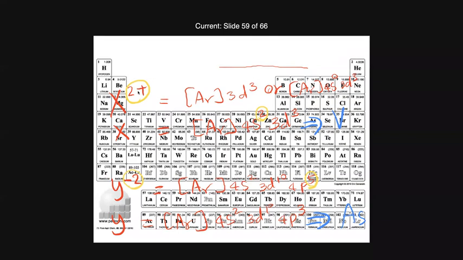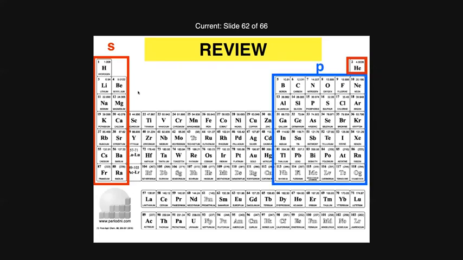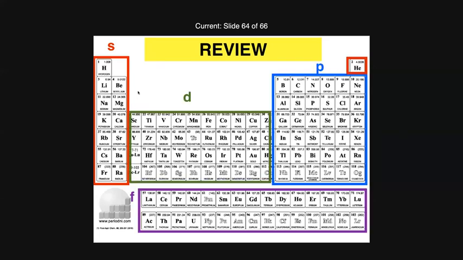Okay, so let's take a look at the review here. This lecture section is about how to relate the quantum numbers to the periodic table. You will need to know the s block, p block, d block, and also the f block. The number of each of these quantum numbers goes by the n value.